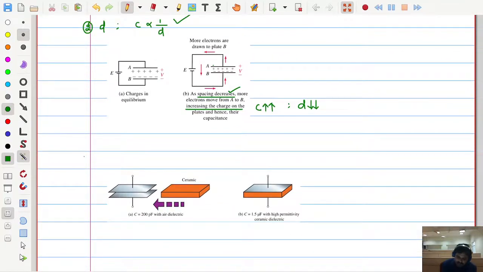Similarly, let me take the third one, C. The dielectric material. If I use, instead of air between these two plates, any dielectric material, that may be ceramic, whose permittivity is epsilon. Remember, like the inductor, if we use any magnetic material as a core, the inductance value is going to increase.